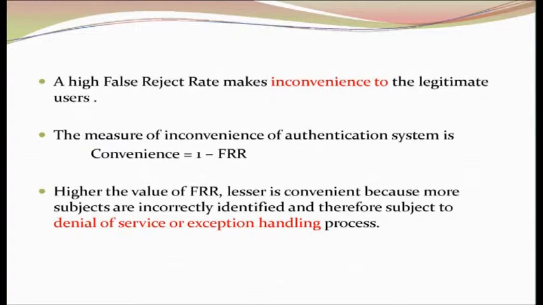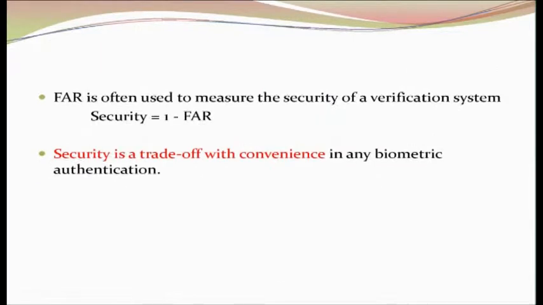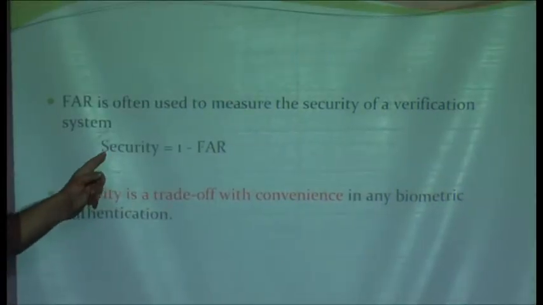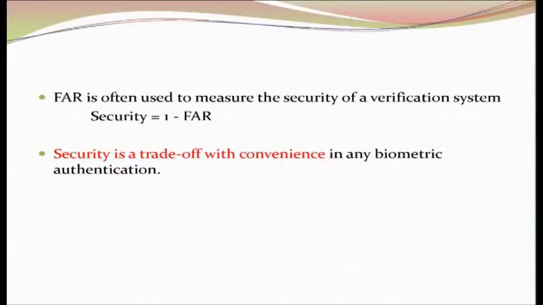So the higher the value of FRR, the less the convenience, because more subjects are incorrectly rejected, and therefore denial of service or exception handling will increase. And the false acceptance rate, as I told you, is related to security. If false acceptance is 0, then it is fully secure. If the false acceptance rate is 1, then security is in problem, right?